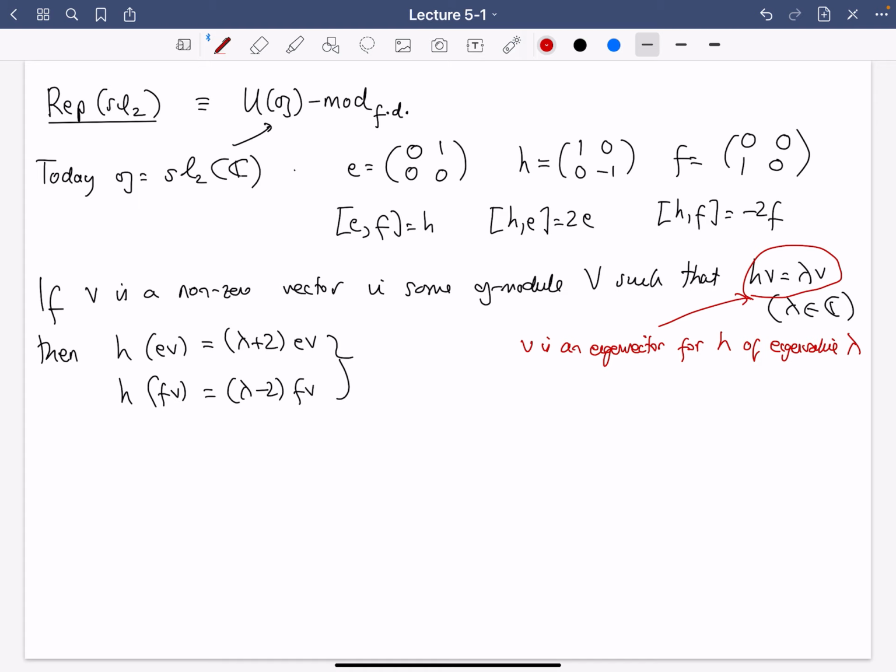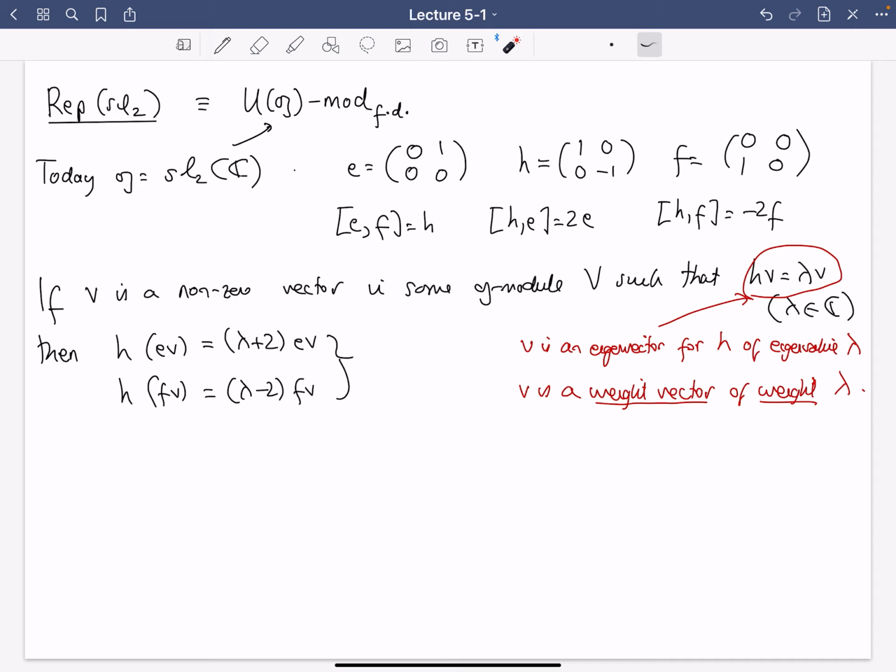Usually in this subject you don't use the words eigenvector and eigenvalue, you say that V is a weight vector of weight lambda. That's just a little bit shorter to say. So it's always about H. We always use this diagonal matrix for our linear operators that we're going to take eigenvectors and eigenvalues for.